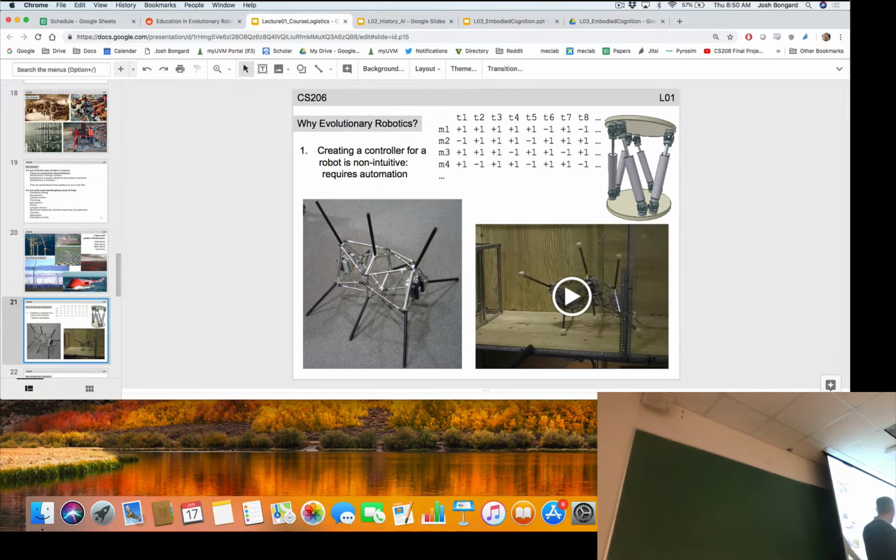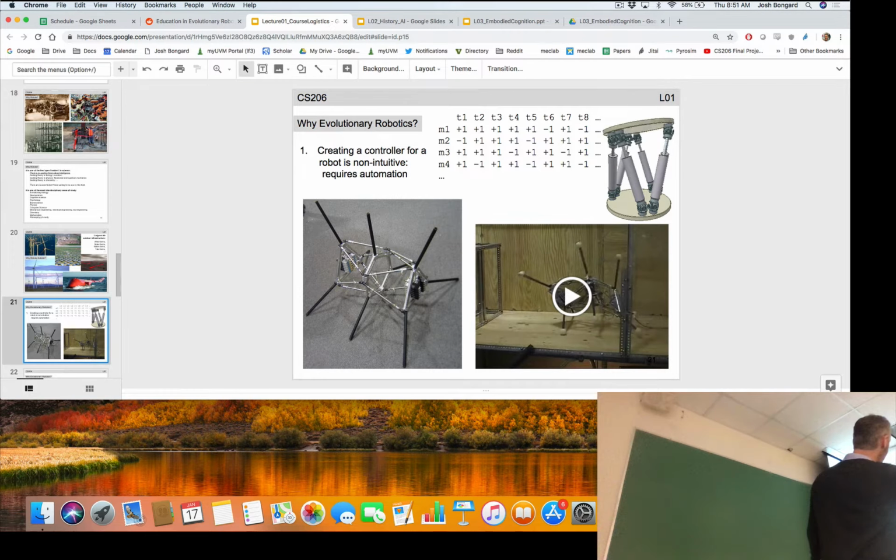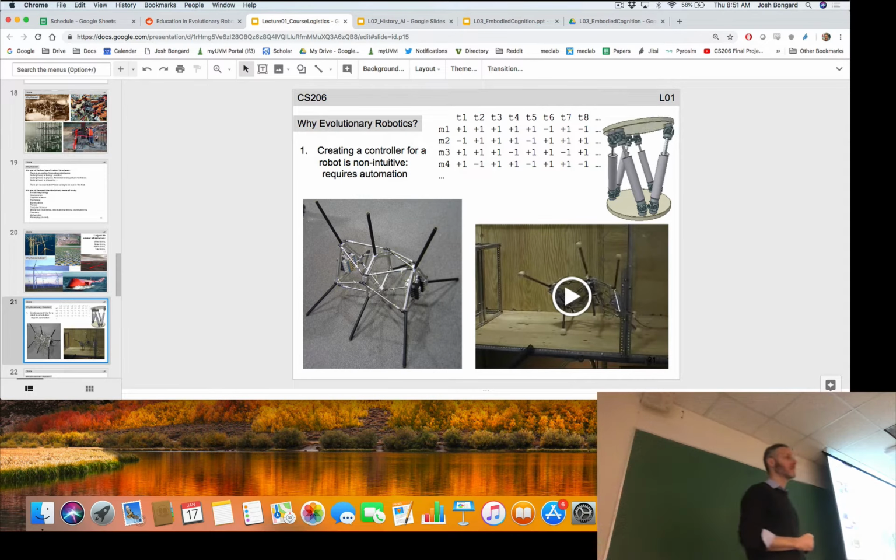Let's, as a thought experiment, try and create a controller for the nonaped by hand. And the way we're going to do this is to create a very, very simple controller. Instead of creating a neural network, we're just going to create a matrix. We'll assume this matrix has 12 rows, 1 row for each of the 12 pistons, and then let's say we have 1,000 columns, where each column represents the 12 commands we're going to send to the 12 pistons.